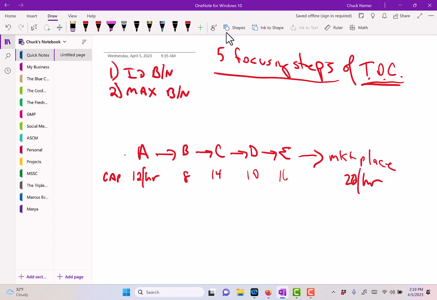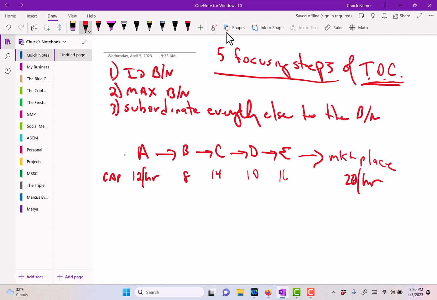Now, step 3 is something that gets somewhat controversial, or people wrestle with. But step 3 says subordinate everything else to the bottleneck. In other words, there's no sense A making 12 per hour.